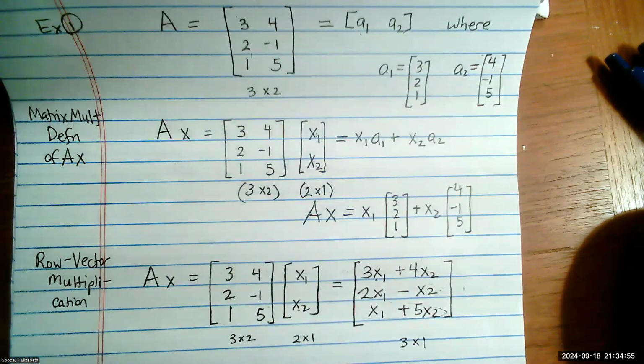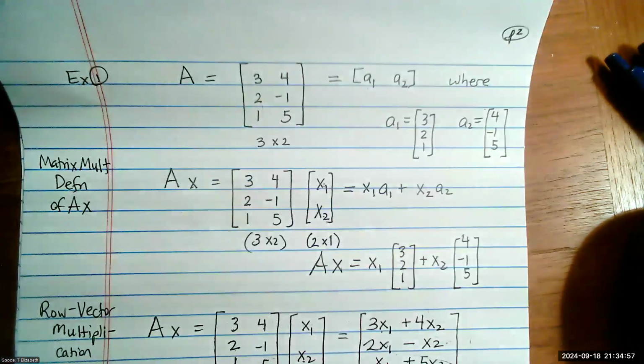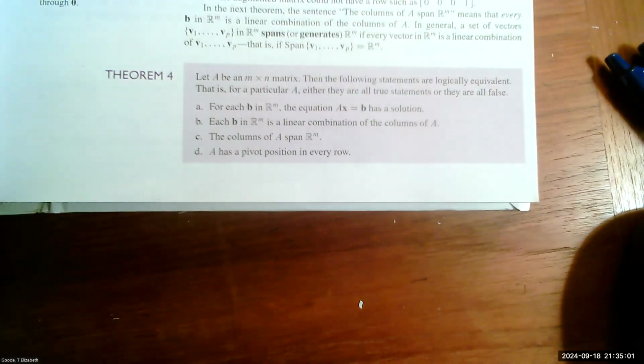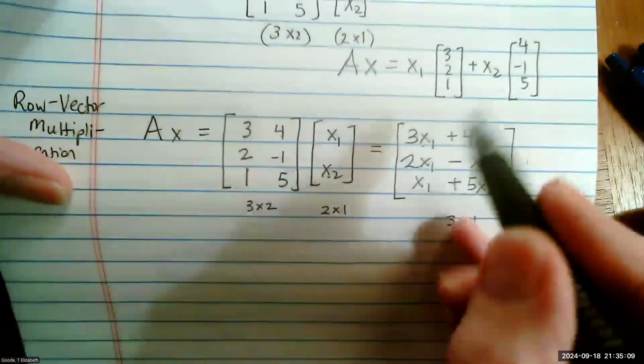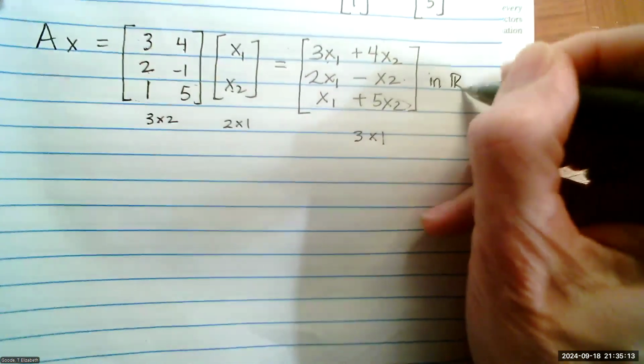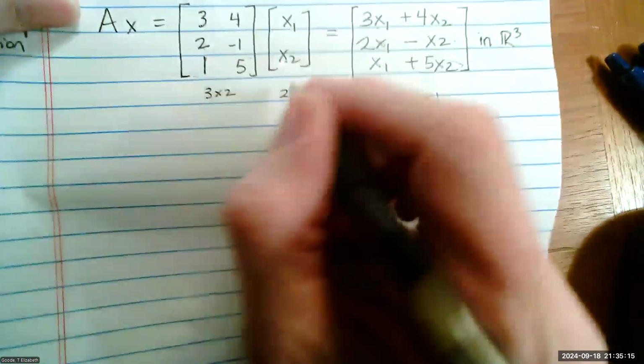All right, so there are lots of different ways to say this theorem. This statement is talking about hitting any B in Rm. So let's just look at our example. This is in R3. This X was in R2.